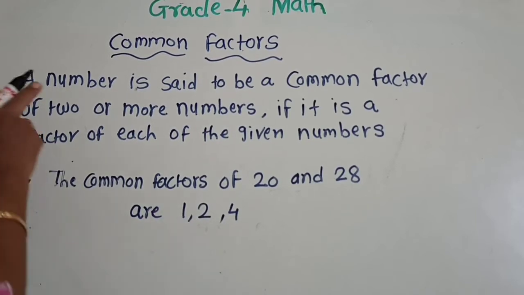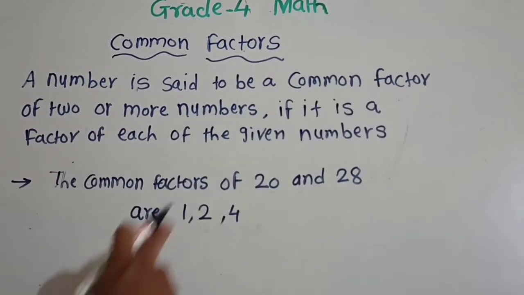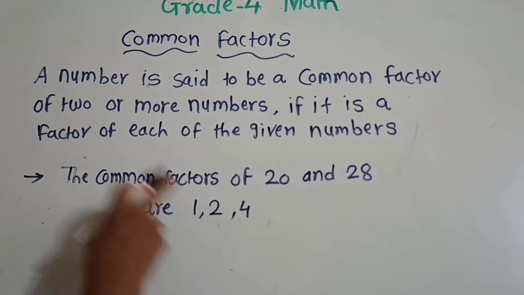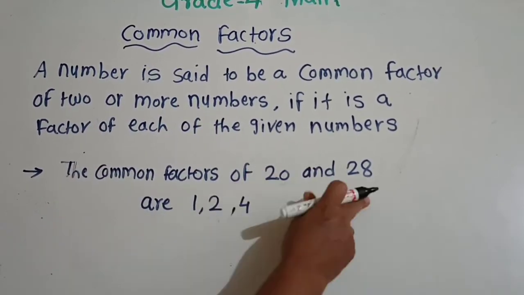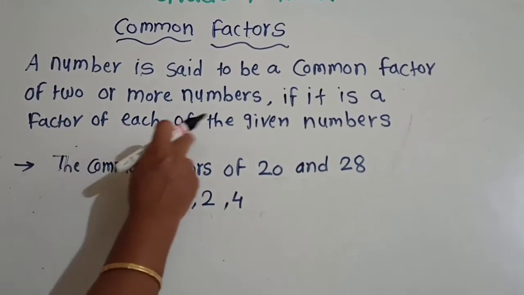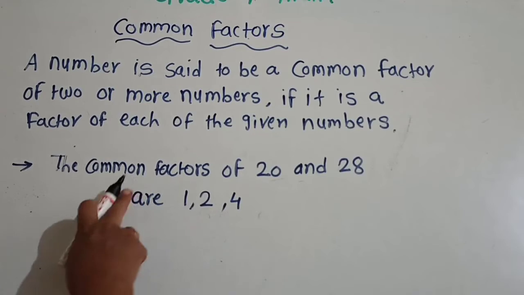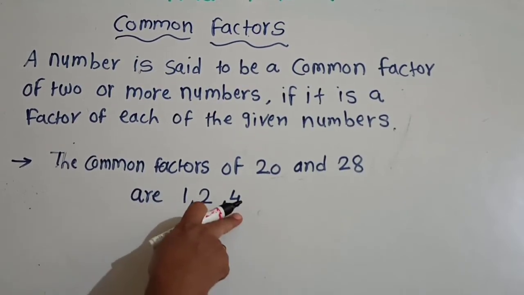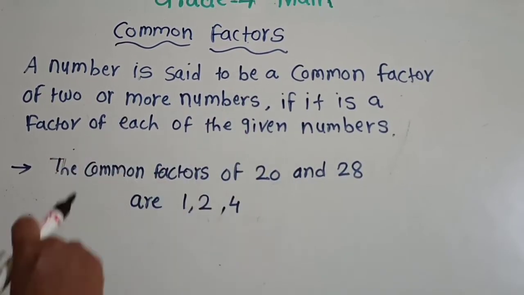Okay. Means what? A number is said to be a common factor of two or more numbers if it is a factor of each of the given numbers. This 1, 2 and 4 are the common factors of 20 and 28.